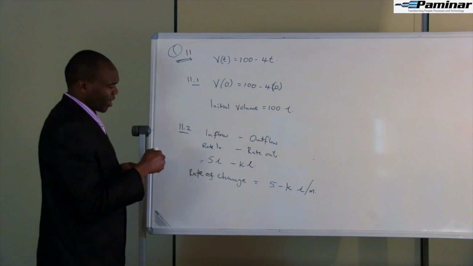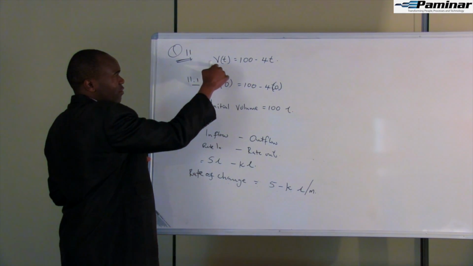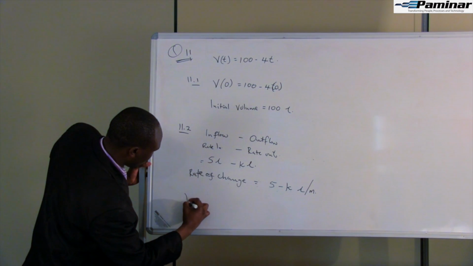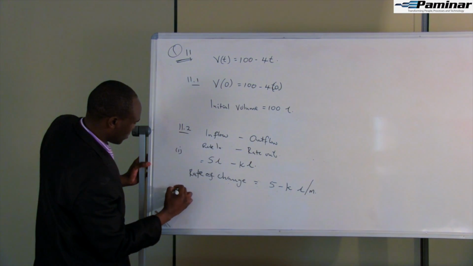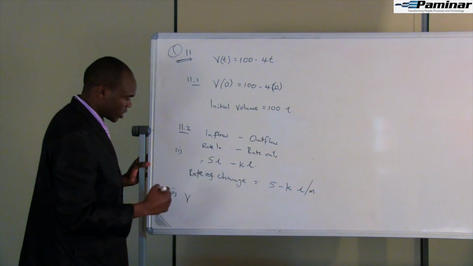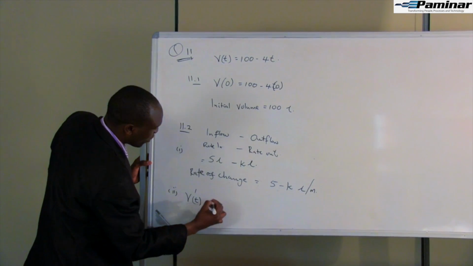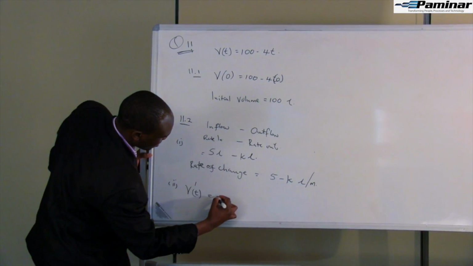Now the other one. Remember, V at time t, the volume at t. So we can use that one also. The rate of change will be, this is 1, this is 2. Two different expressions. Now 2 will be V at time t. What is it? The derivative of this one. What are we going to get?